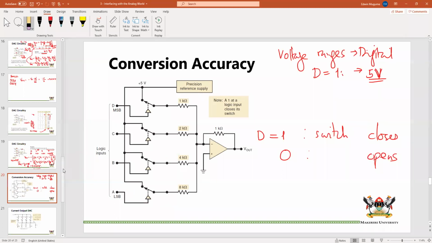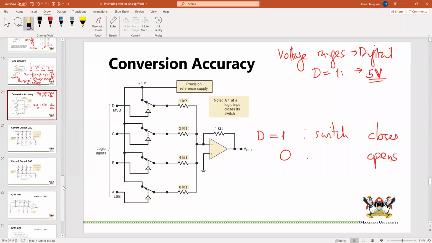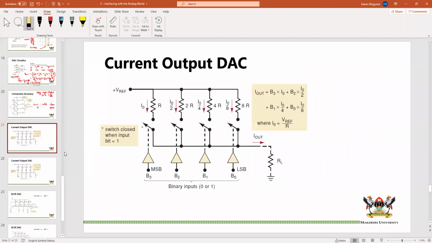Okay, I think we can finish these 2-3 slides that are left. We have a current output DAC. A current output DAC looks like this. These are similar to switches that we have already talked about. This is a switch that is closed when the input bit is 1.